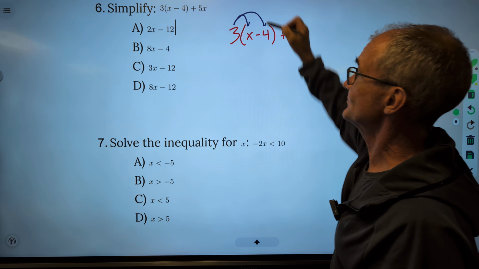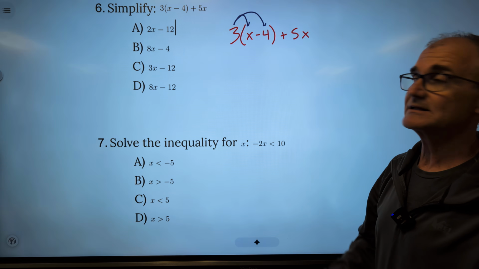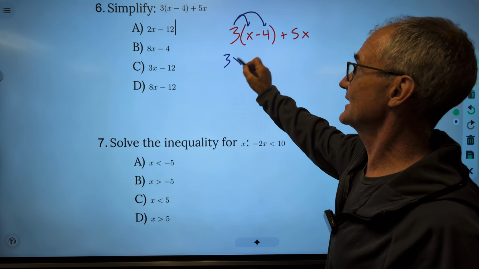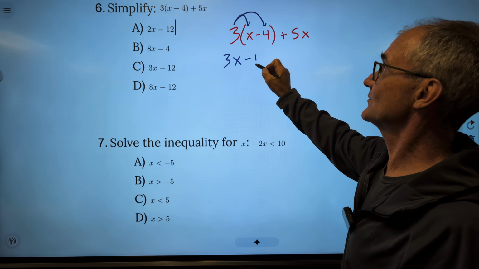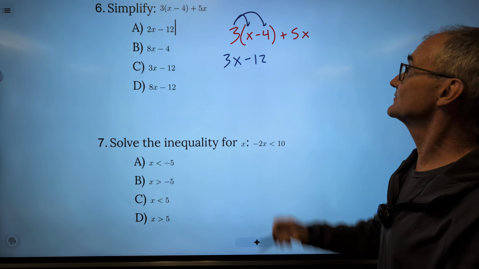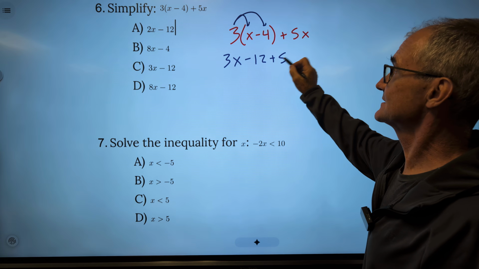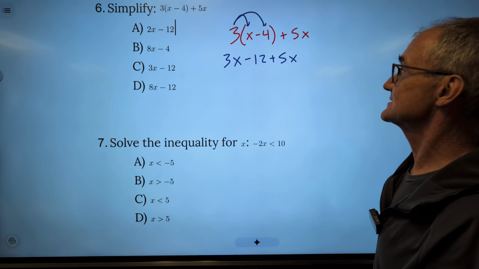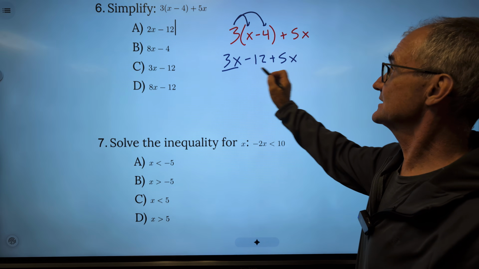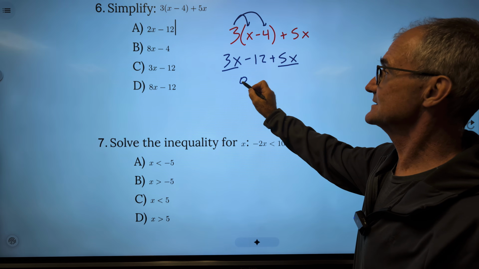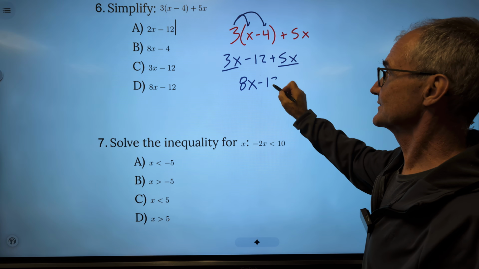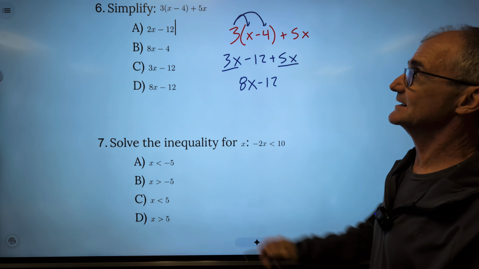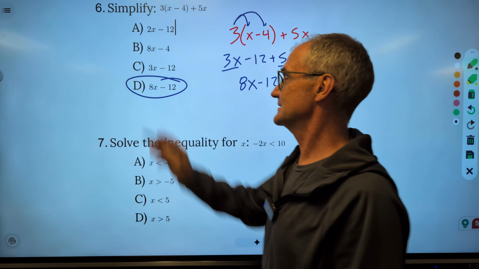I distribute the 3 through that whole quantity. 3 times x is 3x. 3 times negative 4 is negative 12 plus 5x. It is an expression I can't solve. I just need to combine similar things. 3 of these plus 5 of those is 8 of them. That's as simple as it gets. Correct answer, answer D right there.